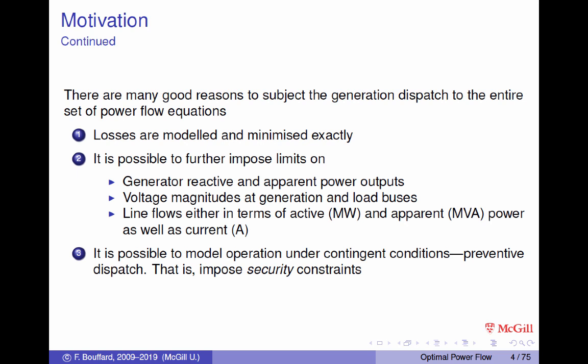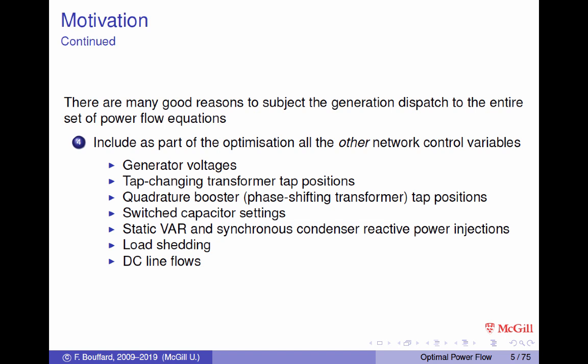So we have what we call operation under contingent conditions, basically making sure that our power system will survive the loss of some or a large set of components. So very often in the context of optimal power flow problems, we impose security constraints, which we'll address a bit later as well.